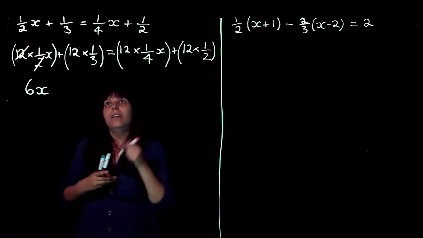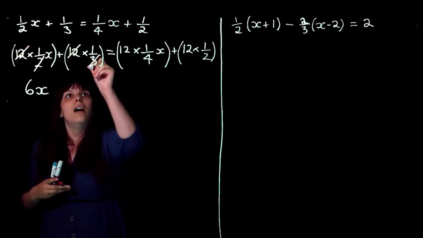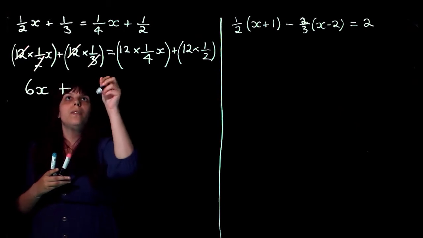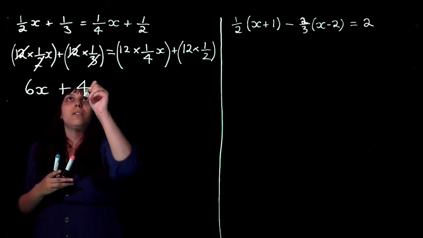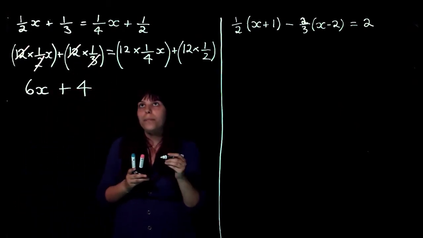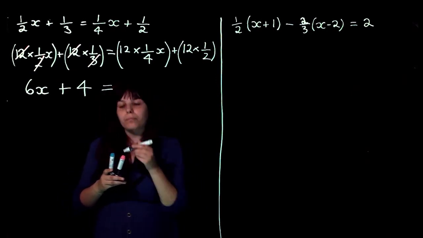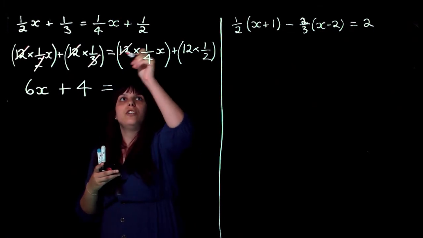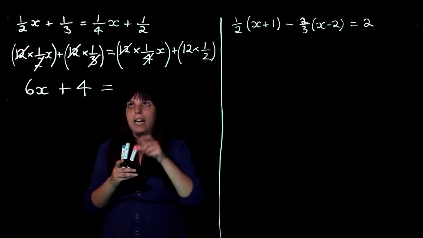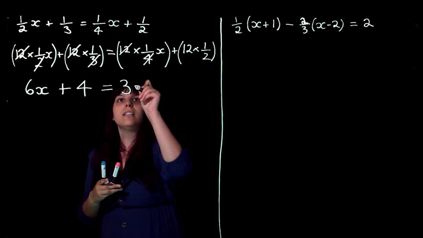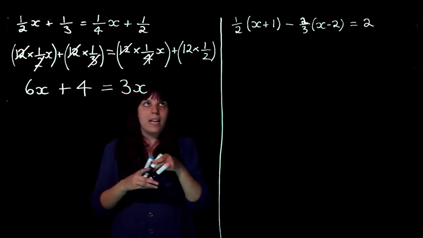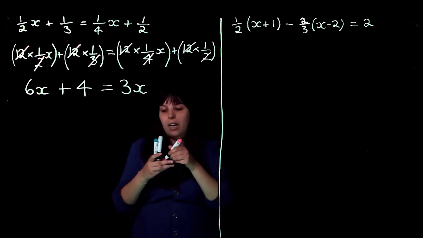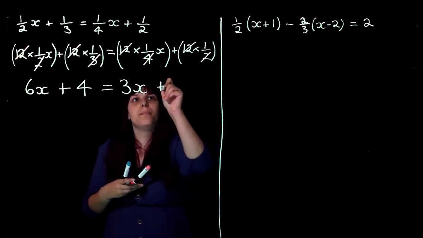And then 12 and the 3 cancel down to give us plus 4, because then we've got 4 times 1, which is 4. And then on this side, I've got the 12 and the 4, which cancel to give me 3, and then the x is 3x. And then here I've got 12 and 2 again, which is going to give me plus 6.